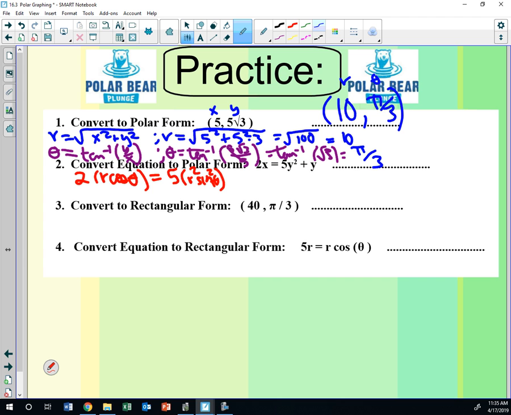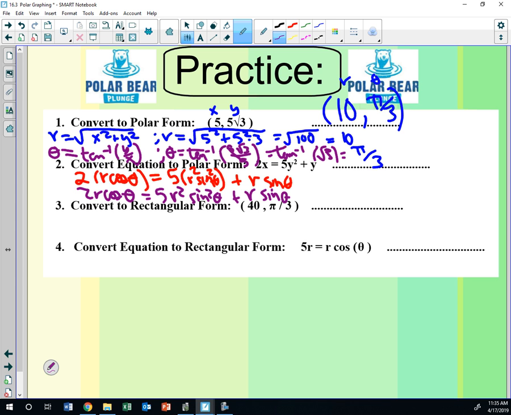And then plus y, which is r sine theta. We might do one more little move here. This is 2r cosine theta equal to 5r squared sine squared theta plus r sine theta.